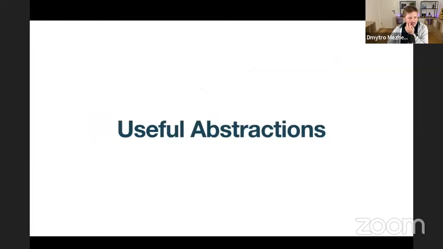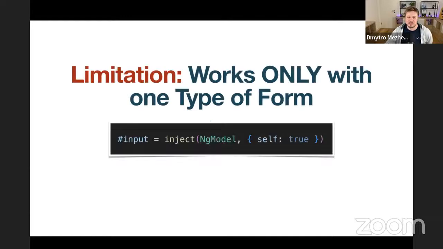And we are coming already to the end. The last topic for today, the last but not least, is useful abstractions. Remember, at the beginning I showed you an example where we can inject the ngModel directive and subscribe to value changes or status changes, whatever.